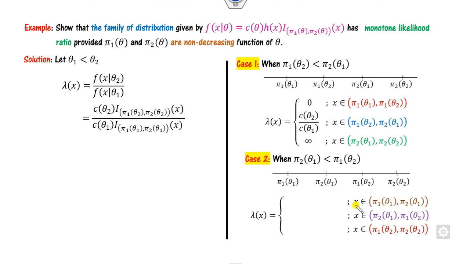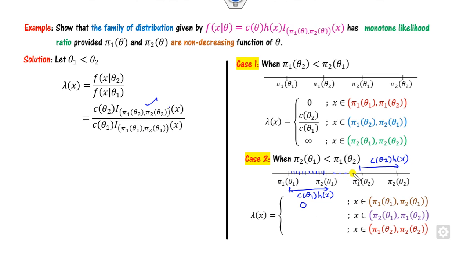Similarly, if you look here, what will happen? For the first case here, the answer will be my c of theta 1 hx, and for this case it is my c of theta 2 hx based on this definition. Now whenever x lies between here, what is the meaning of that? The numerator value will be 0, so 0 over something is 0.